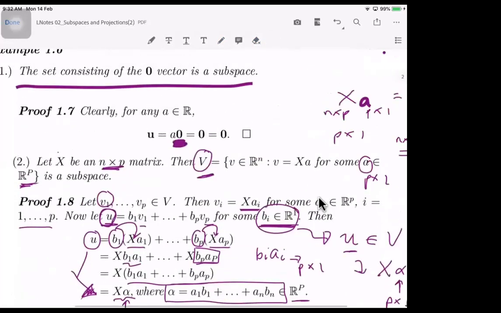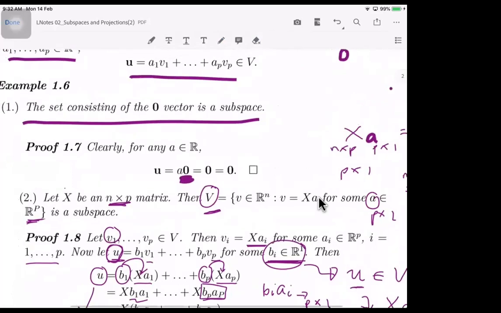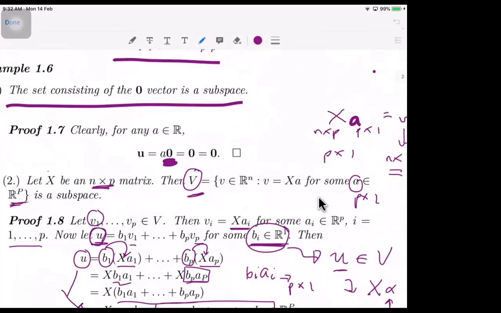First, we have shown that any set V which contains the zero matrix, let's denote it by 0 tilde, which is the set containing the 0 vector, is a subspace because you can always get any scalar A multiplied by the vector 0, and it is also equal to 0.